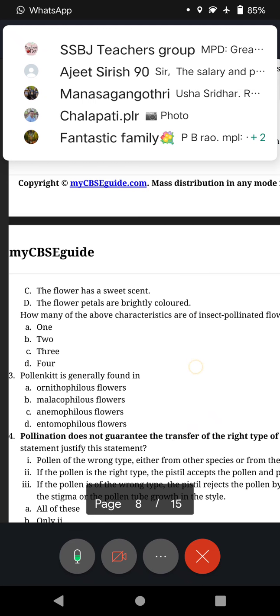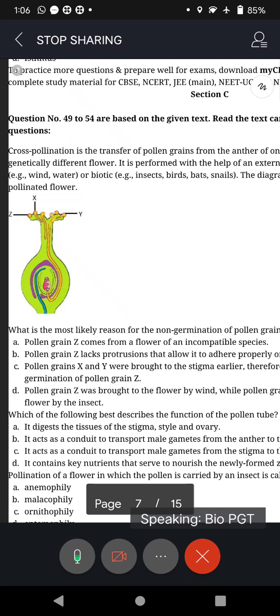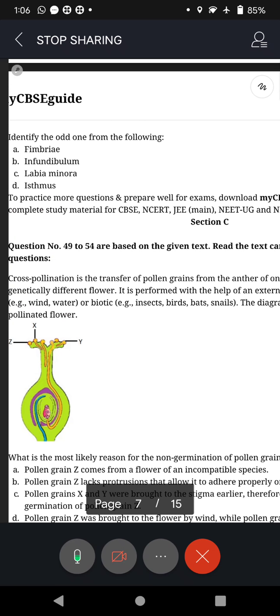Somewhere we read in the first one, Sandeep. I think section A, that question has come, conservatives, and that comes in evolution.